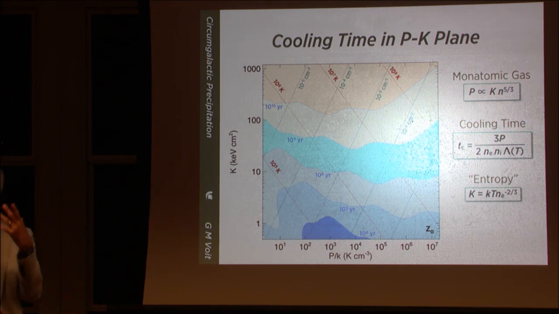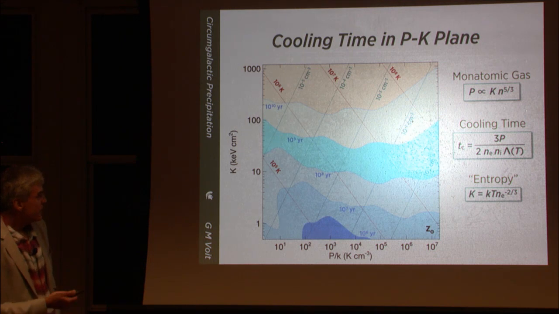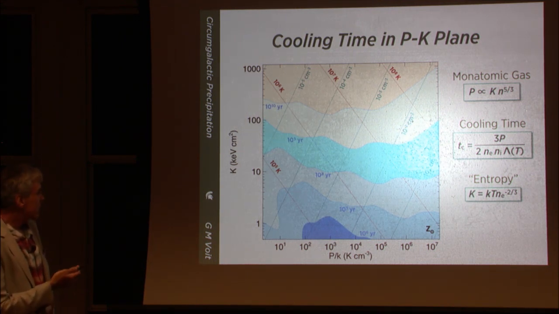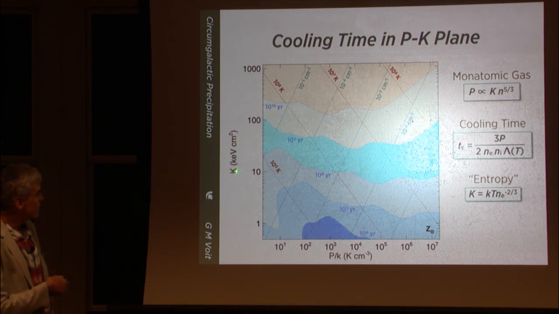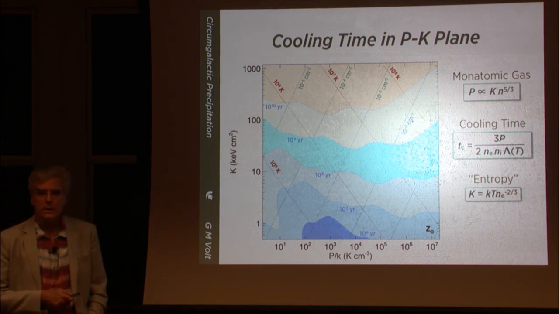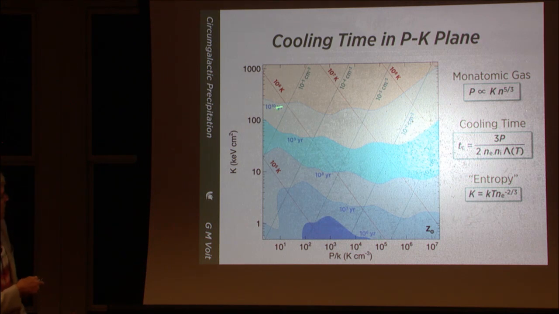It's specifying the adiabat that gas is on. And so if you know the density and temperature, or equivalently the pressure and the entropy, you can calculate a cooling time for the gas. And entropy in these units is an energy divided by a density to the 2/3 power, and so it has units of keV centimeters squared. And these lines here are lines of constant cooling time.